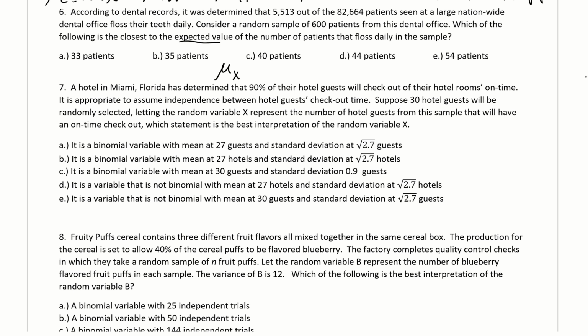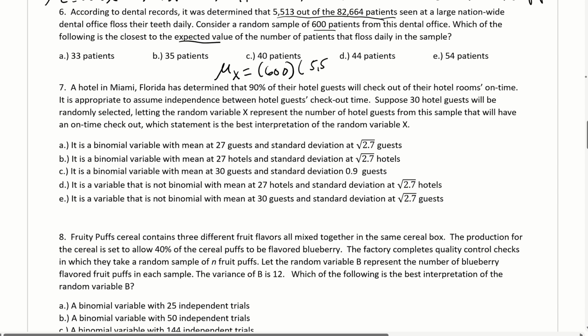So that's mu x. So whether they floss or not, success or failure, we have a certain probability, right, which is determined from data. So we can use that as our probability of success. We can assume that that's the same probability of success. And then each person is independent, and then number of trials is fixed if we're looking at 600 patients. So we can use a binomial. 600 times the probability of success.